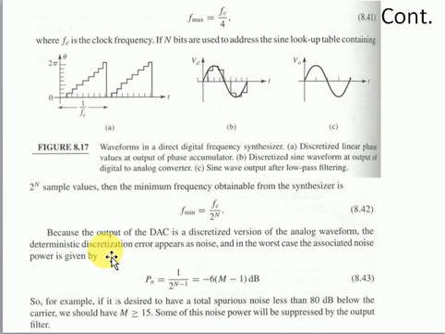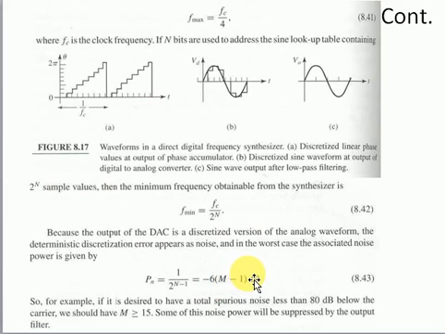Because the output of the DAC is a discretized version of the analog waveform, the deterministic discretization errors appear as noise, and in the worst case the associated noise power is given by Pn is equal to 1 upon 2 to the power m minus 1, which is equal to minus 6 m minus 1 dB.